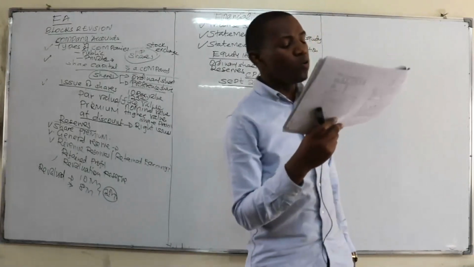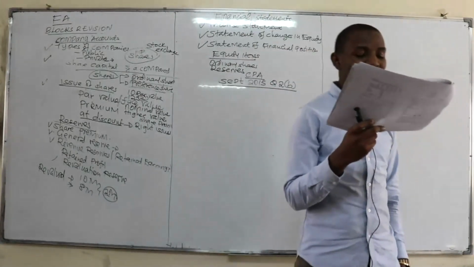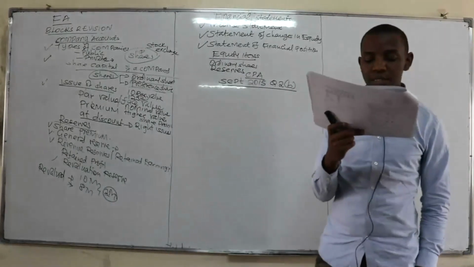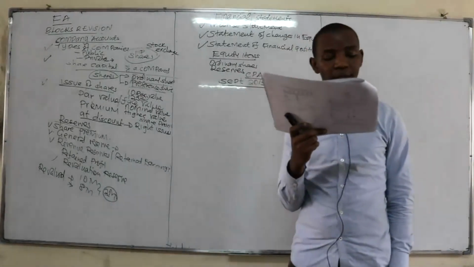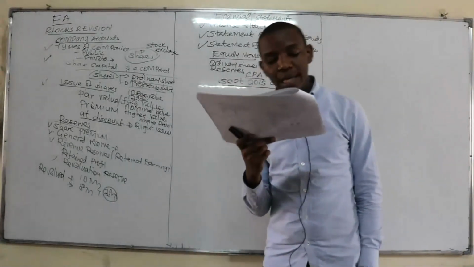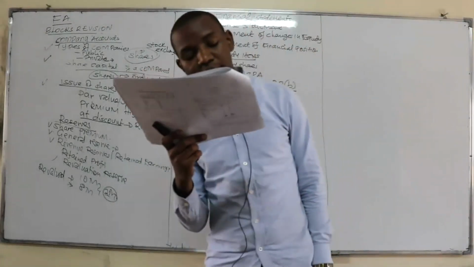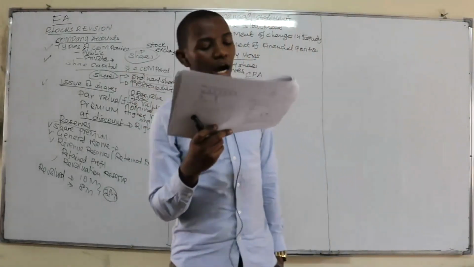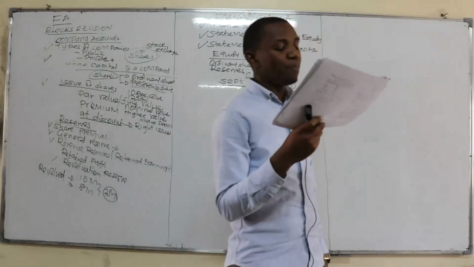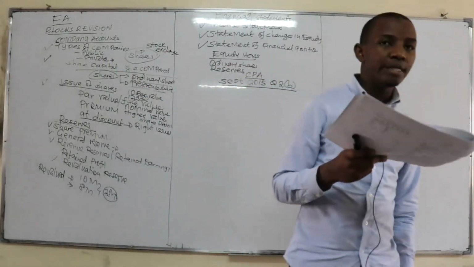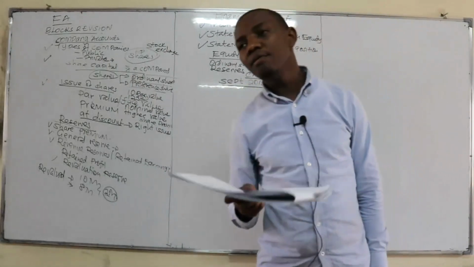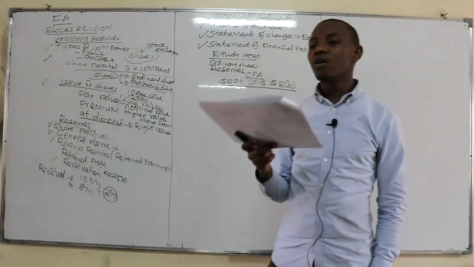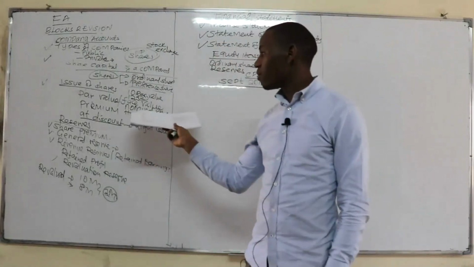Provision for accrued debenture interest and preference dividends are to be made. Corporate tax for the year ended is estimated as 1750. A final dividend of 10% was declared. And I said in this case, the dividend will only be declared for the what?